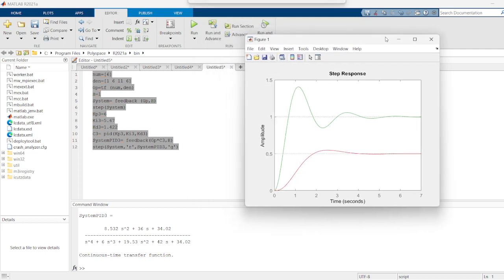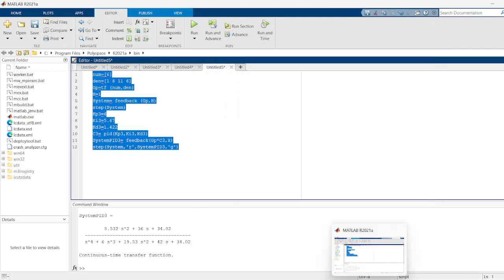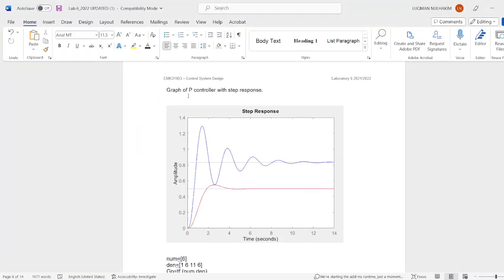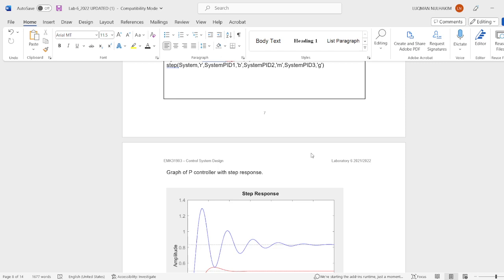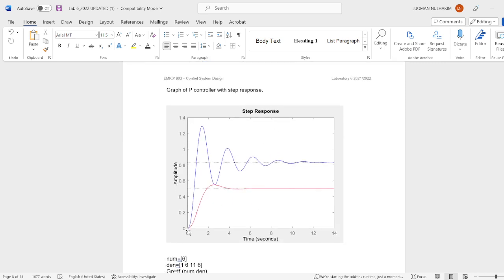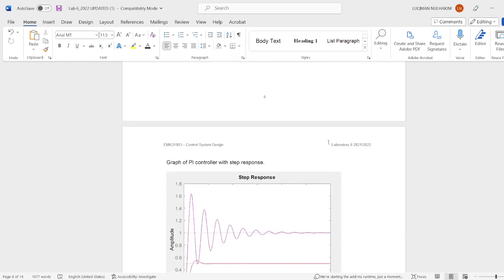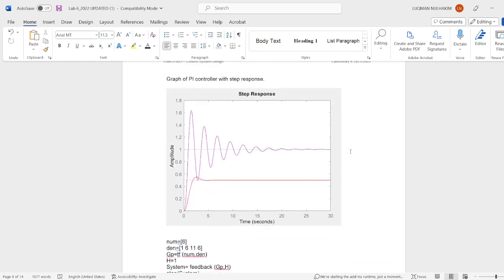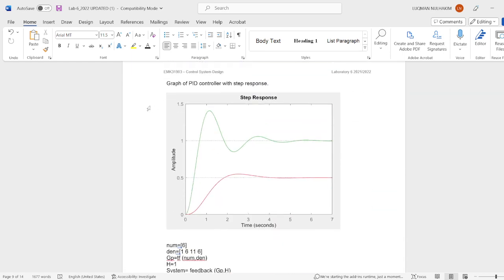As you can see, there is a difference in the wave of the error caused, shown by the graphs. The graphs show different types of wave for P, PI and PID.